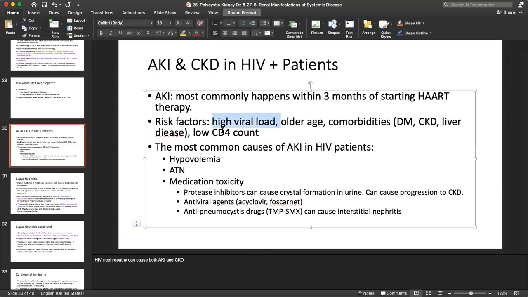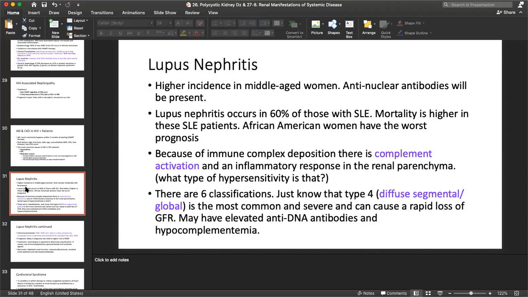Remember, if it's a high viral load, that means we've got lots of virus, so our CD4 count is going to be low. Sometimes that can be confusing. Also older age and comorbidities. Common causes of AKI, sort of like other people: low volume, ATN, and medication toxicity.